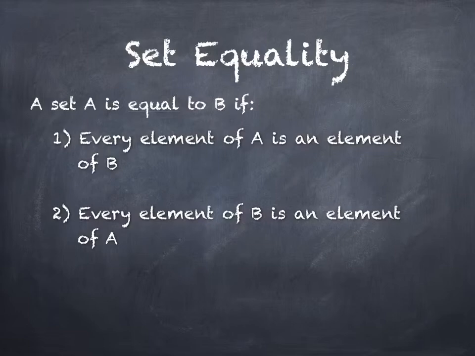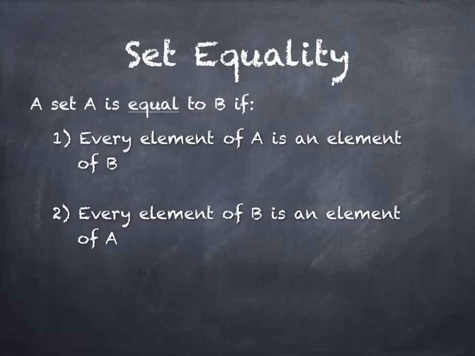All right, set equality. So let's talk about what we mean for two sets to be equal. Two sets A and B are equal if every element of set A is an element of set B, and every element of set B is an element of set A. Make sense? So you might think, that sounds like exactly what I would have thought it meant. Hopefully it does.